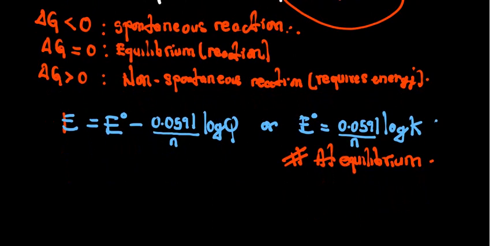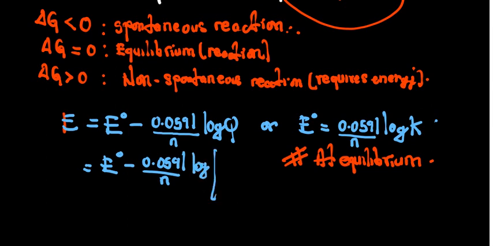So this is what it means: 0.0591 over N log, the concentrations of the product over the concentrations of the reactants. So you'll be given the concentrations and you have to work them out. And that's how you work out such kind of equations.